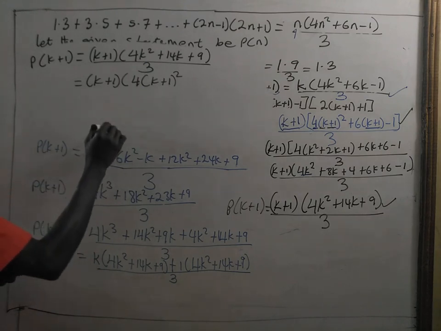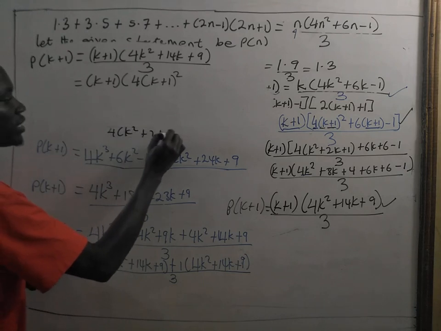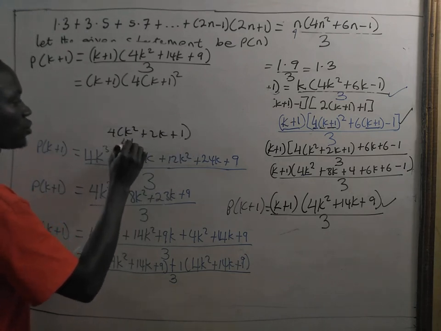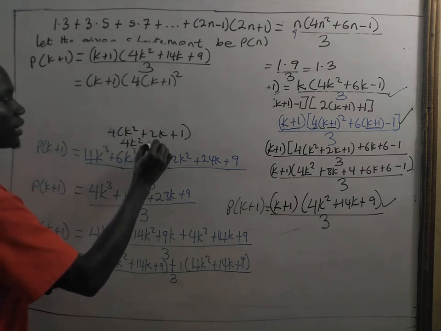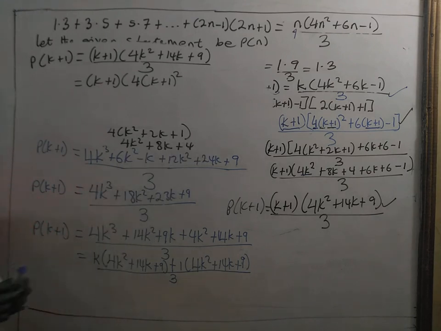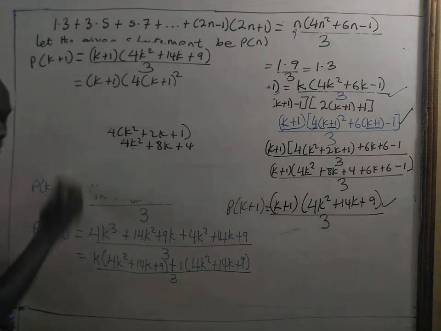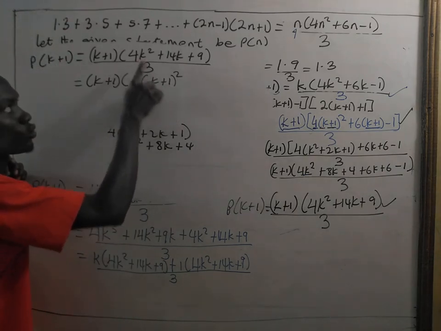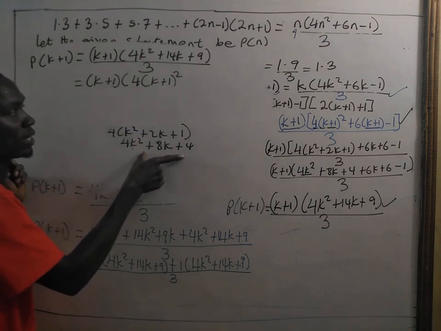Now, this one gives 4 times k squared plus 2k plus 1. If I expand, I'll get 4k squared. This is the 4k squared here. Plus 8k plus 4. It means that after substituting k plus 1 for k and squaring it, if I expand, this is what I'm going to get.